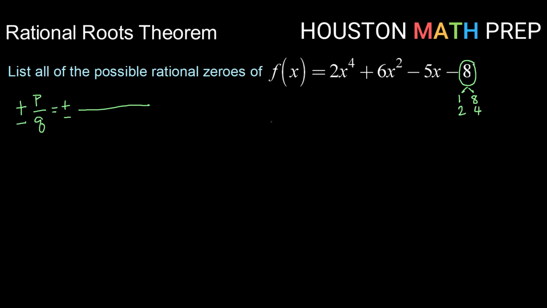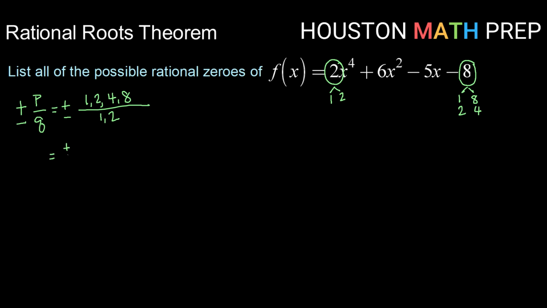So listing those out separated by a comma, that would be 1, 2, 4, and 8 over q. Q is all the factors of 2. So that's 1 times 2. So listing those out, 1, 2.